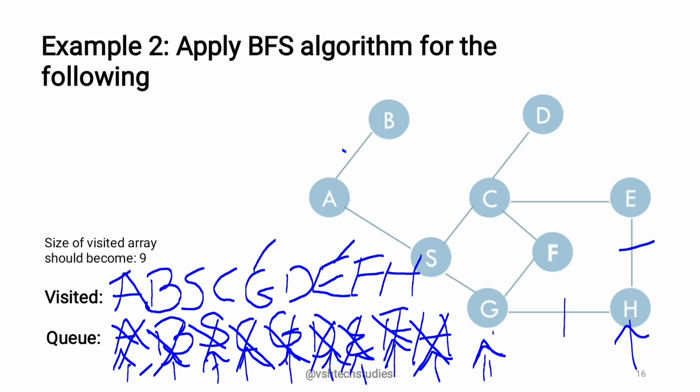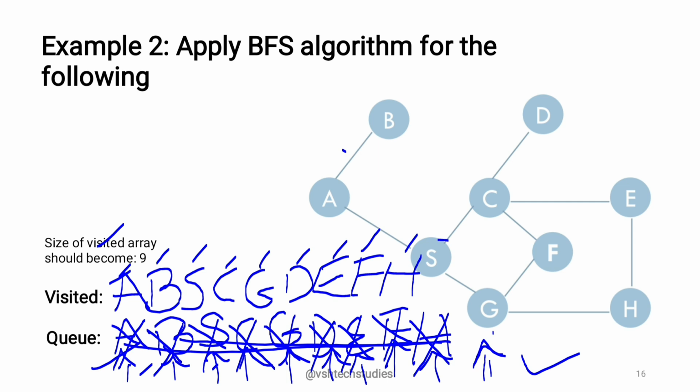The front pointer is out of the queue, meaning the queue has become empty. When it is empty, the procedure is over. If you count how many nodes are in the visited array: 1, 2, 3, 4, 5, 6, 7, 8, 9. So the size of the visited array has become 9 and the queue is also empty, and the procedure is over.